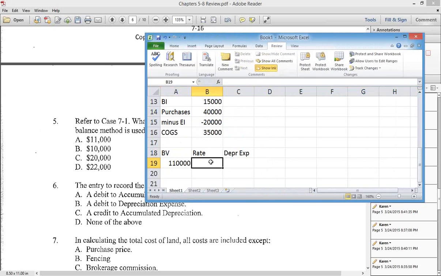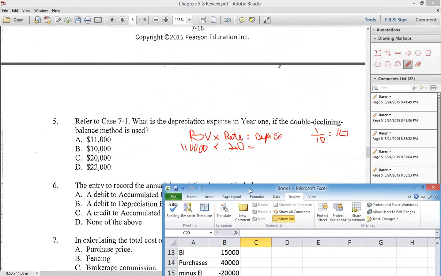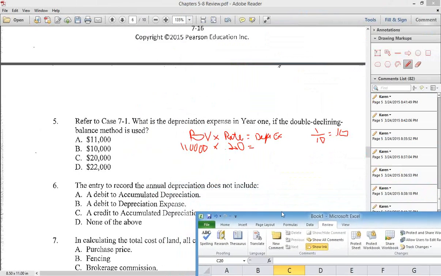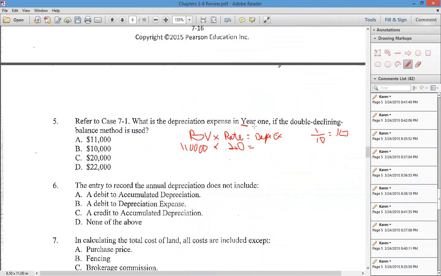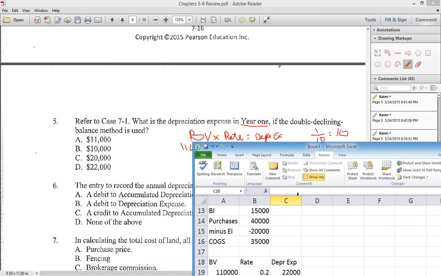My rate was 20%. So that would be $22,000 the first year. The question asks us in year one, so in year one it would have been the $22,000.